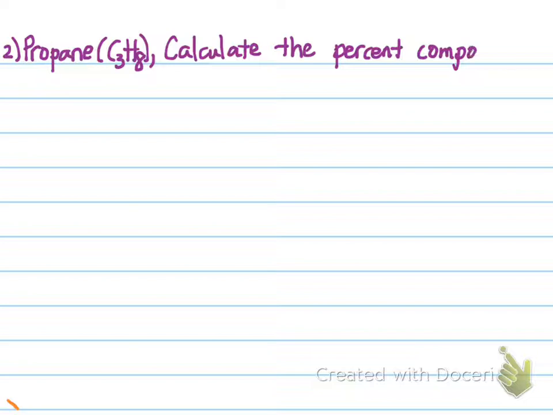The fuel commonly used in gas grills is one of the compounds obtained from petroleum. We want to calculate the percent composition of propane.